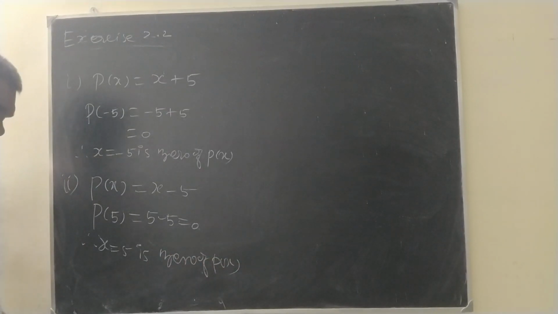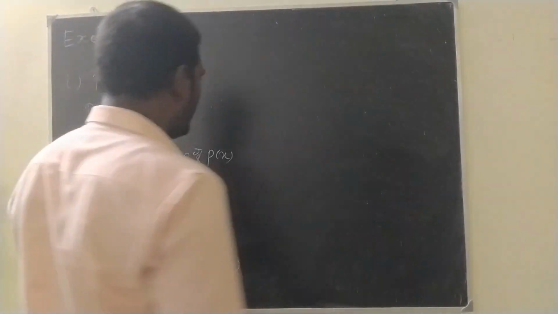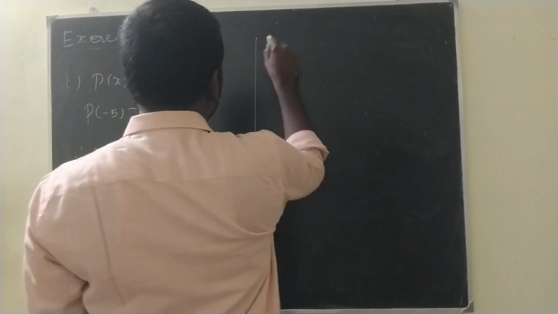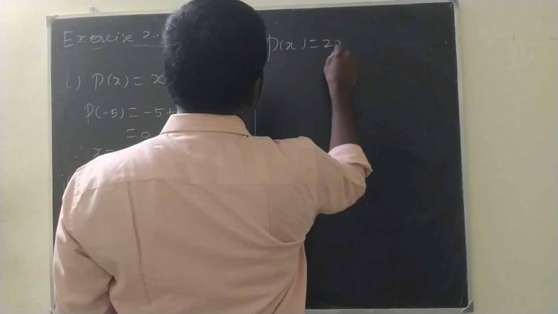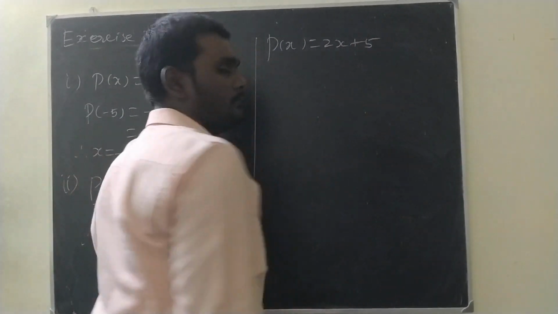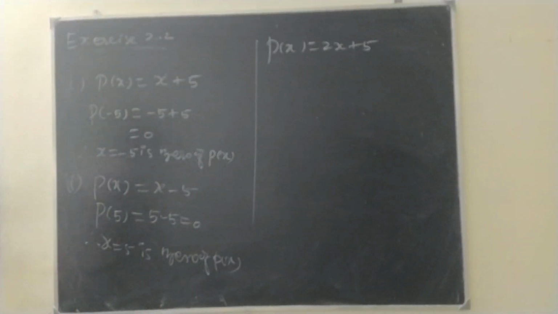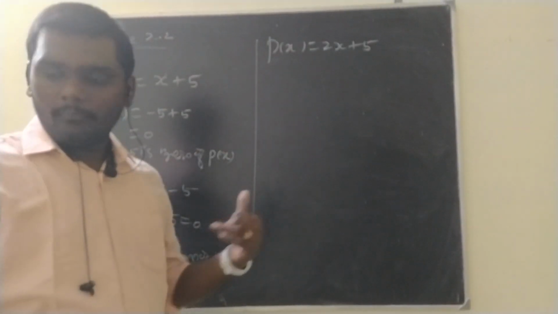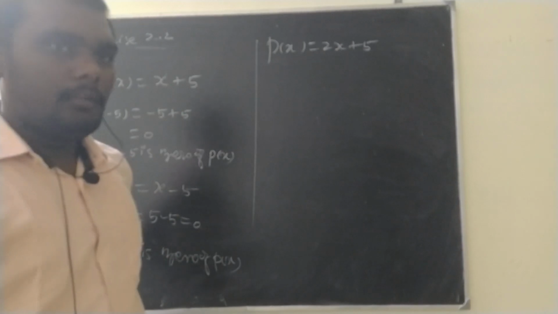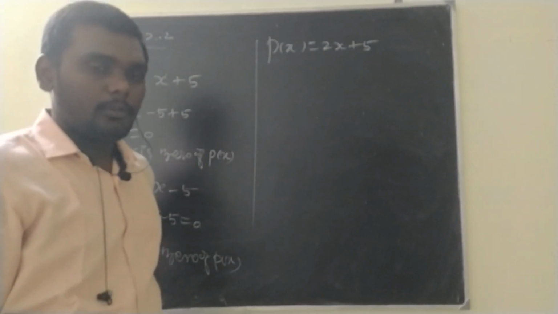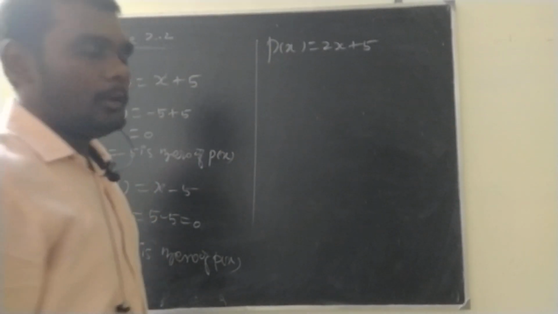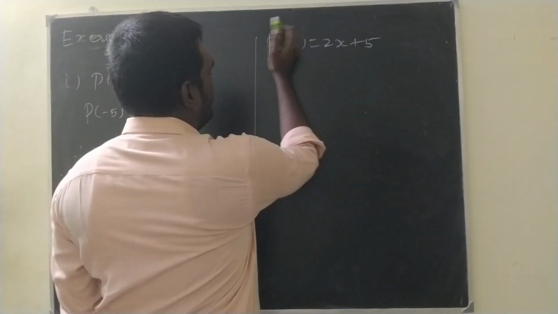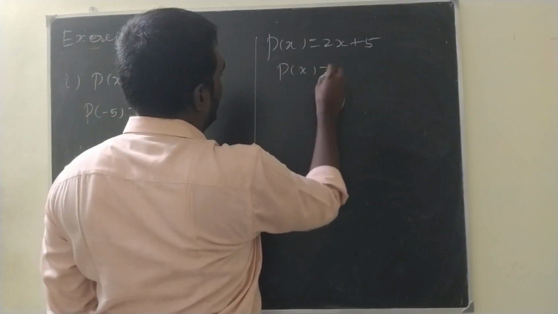Okay. Next, P of x is equal to 2x plus 5. How will we solve this one? By trial and error method only. We can equate this to 0 to find the zero of the polynomial. So, we will take P of x equals 0.